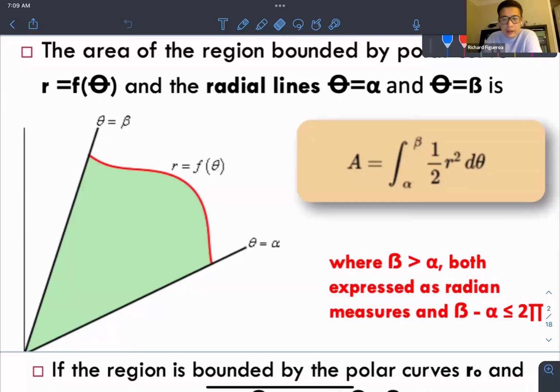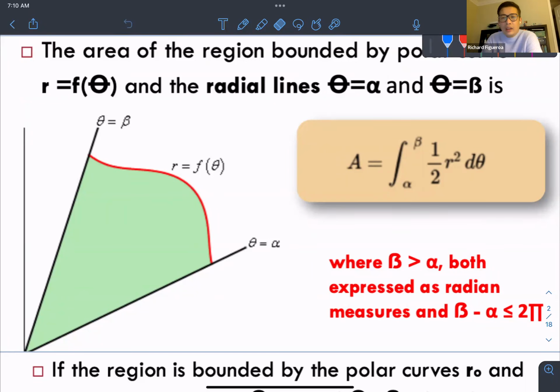But also take note here, class, that beta should always be greater than the alpha. Once they interchange, there's a possibility that you will be getting a negative area. So you have to always make sure that alpha is lower than beta. Sometimes we will be using some symmetry in finding the enclosed area.